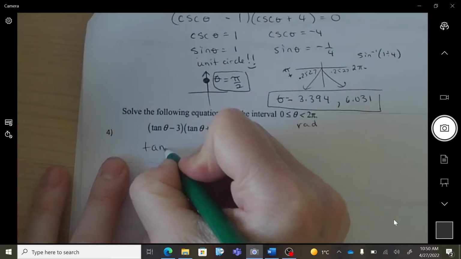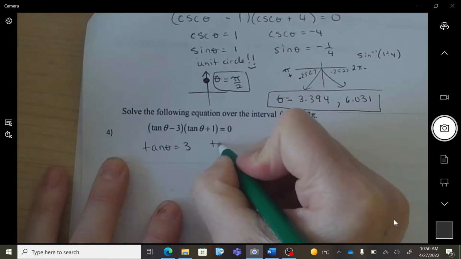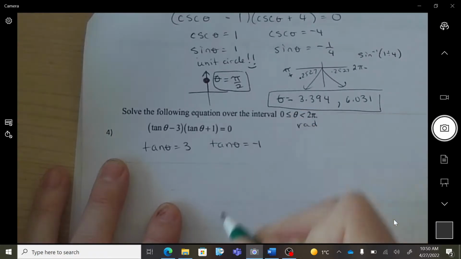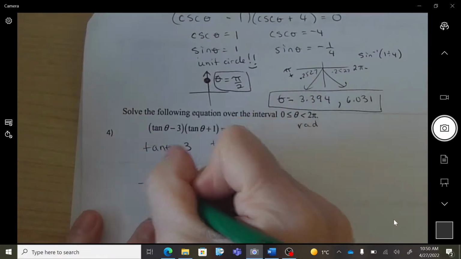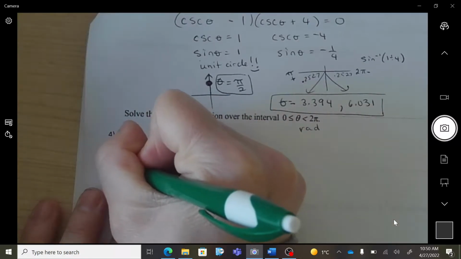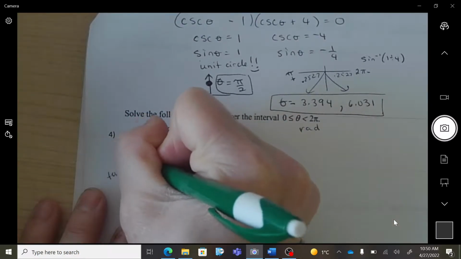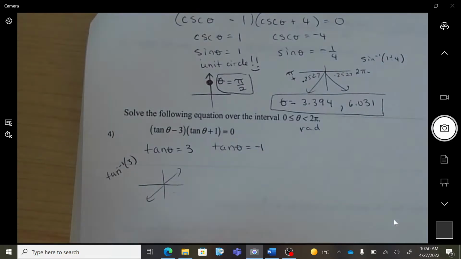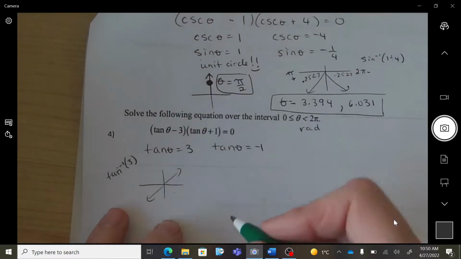So here tan of the angle is 3, tan of the angle is -1. So tan is positive here and here. I'm going to tan inverse 3. And when I do that, I get 1.249.